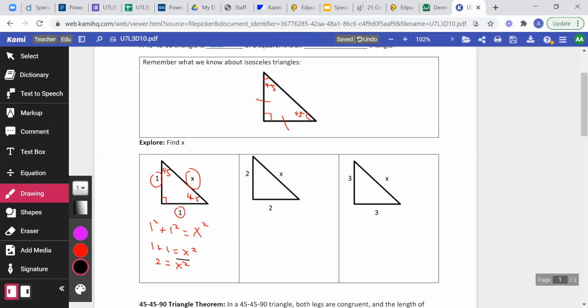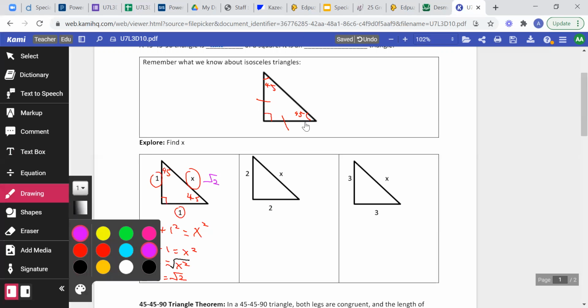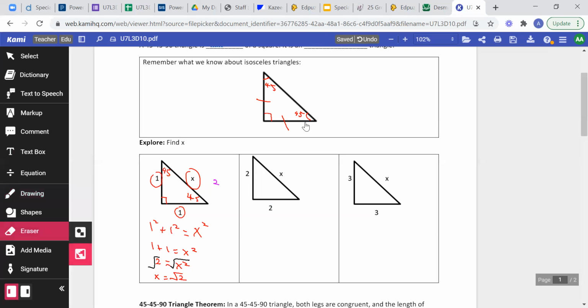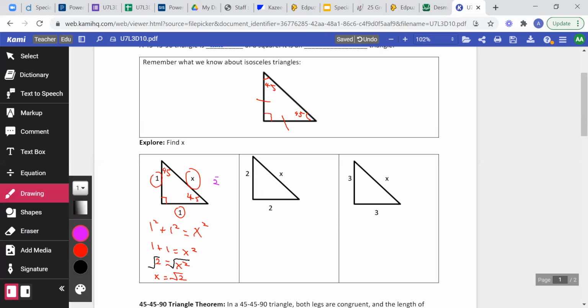If I apply the square root on both sides, x is going to be equal to root of 2. So here, root of 2. You're going to observe a pattern, like in the case of 30-60-90.